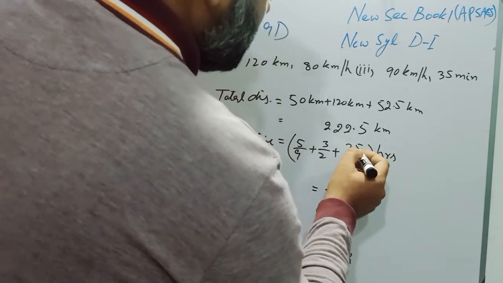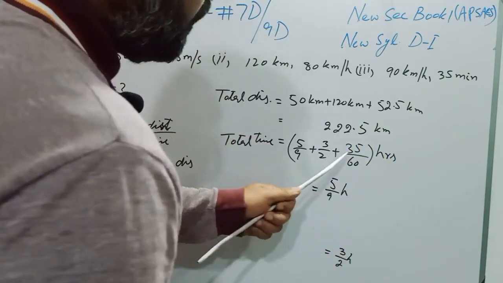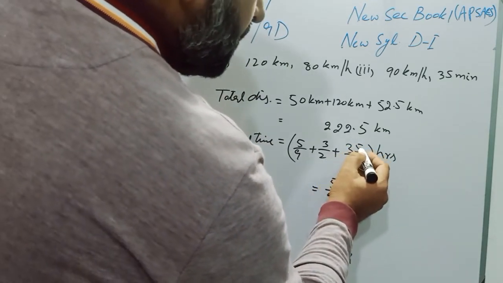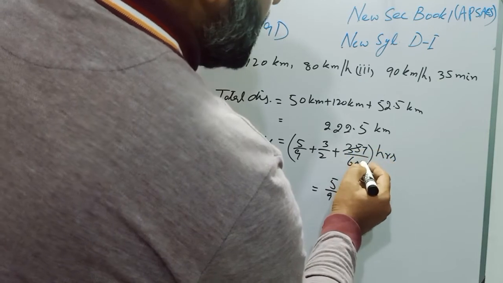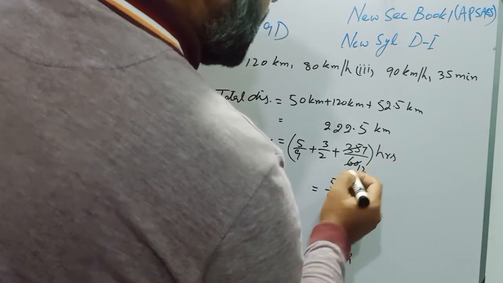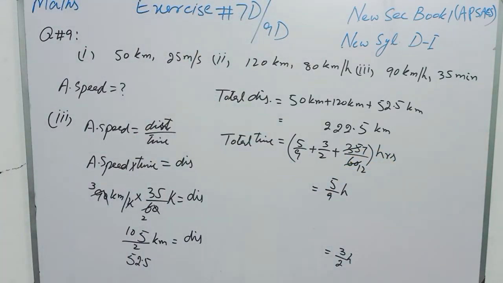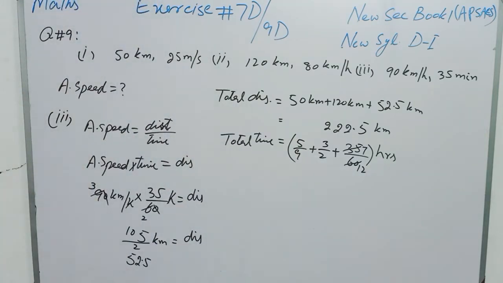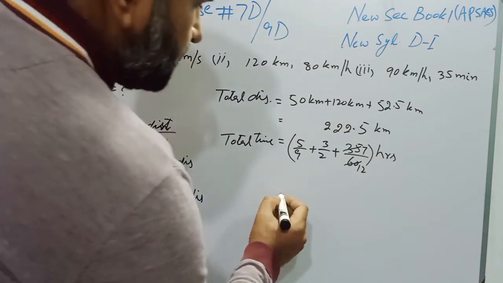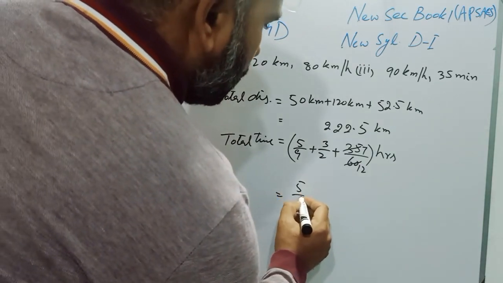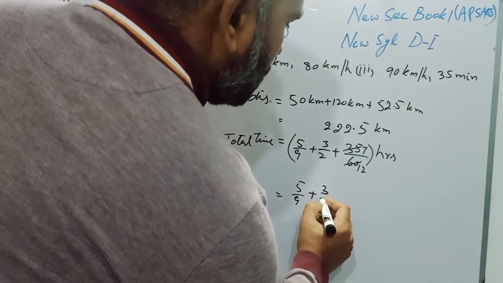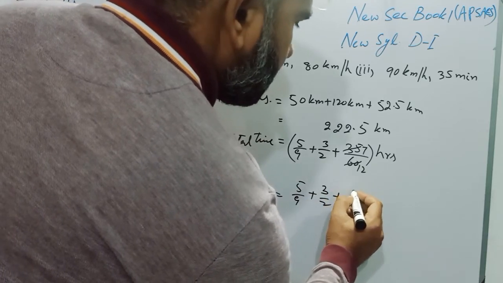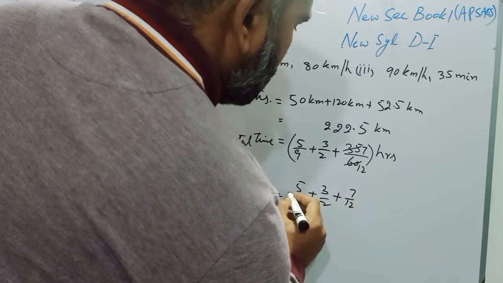Now students, I will cancel 35 and 60 with the table of 5. 5 7s are 35 and 5 12s are 60. Now I will sum up all the three times, and that is 5 over 9 plus 3 over 2 plus 7 over 12 hours.